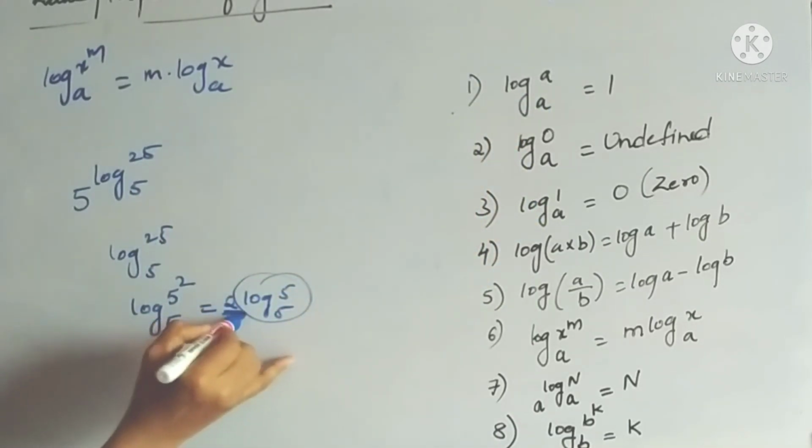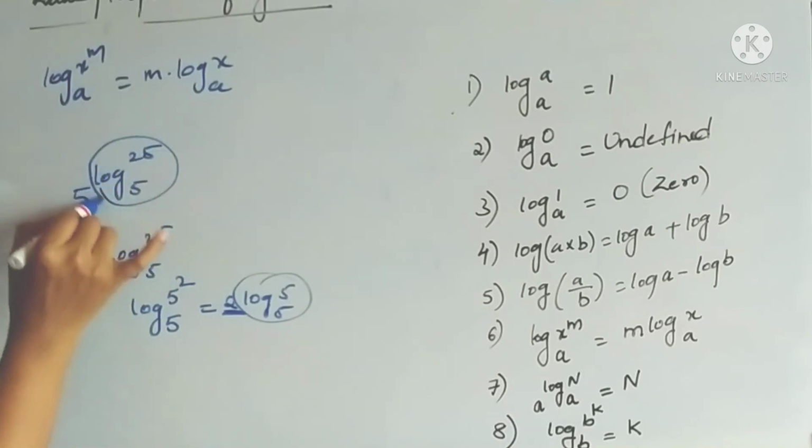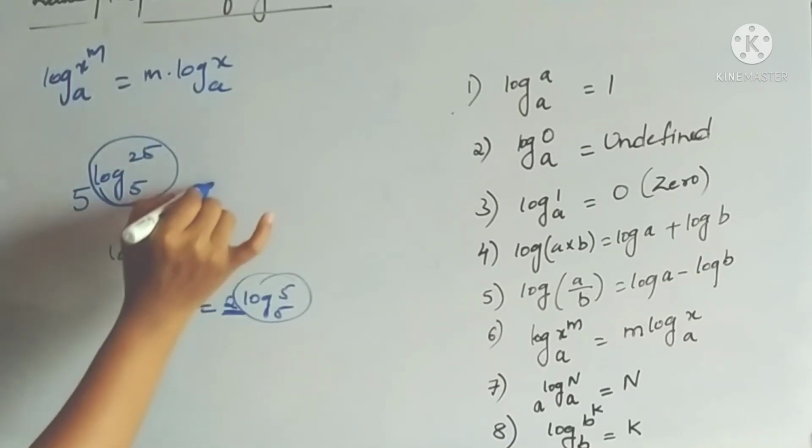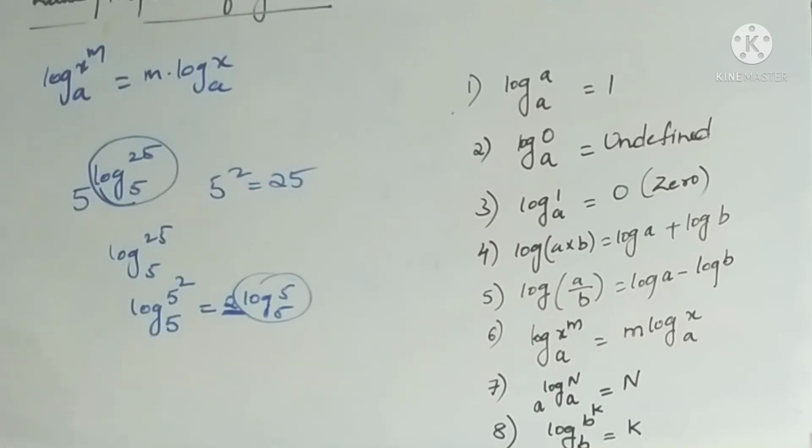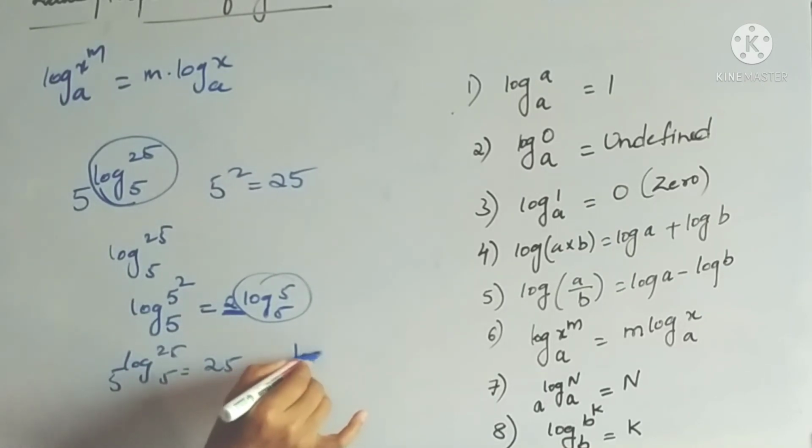What is log a base a? 1. So this value is 1 and the power value is 2. So 5 square is equal to 25. Right? So simply, 5 power log 25 base 5 is equal to 25.